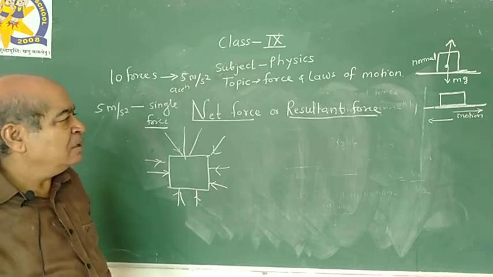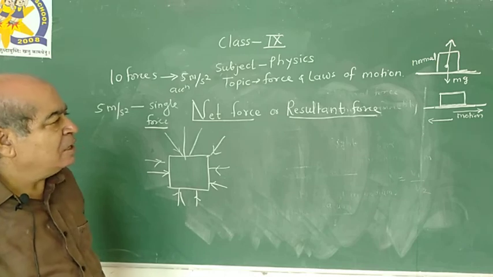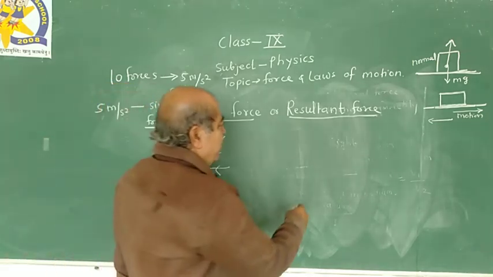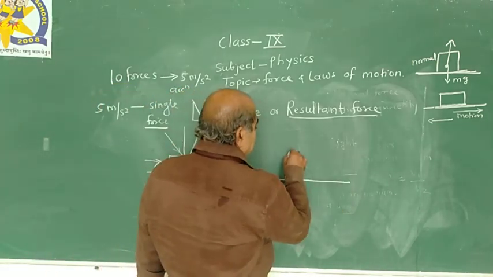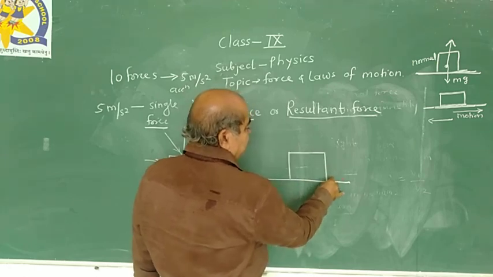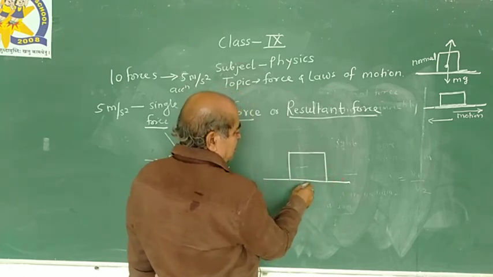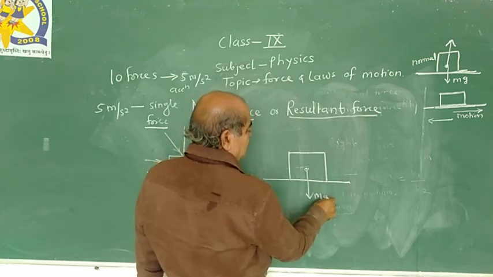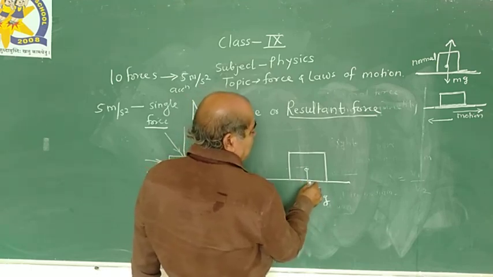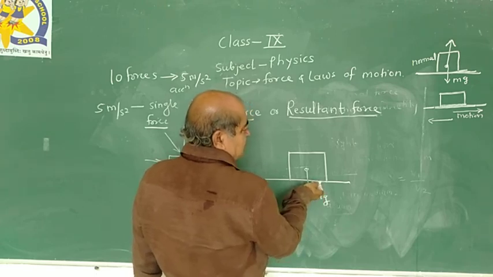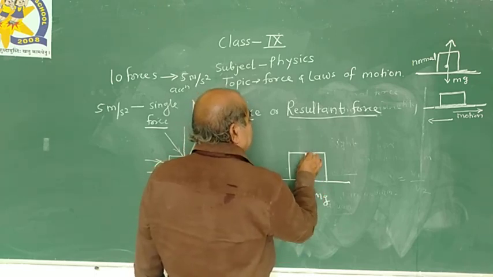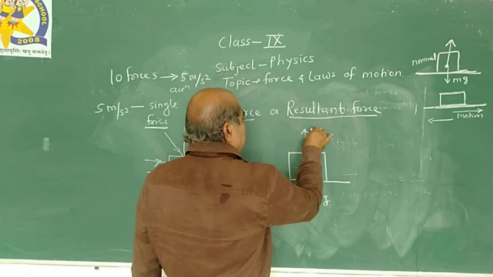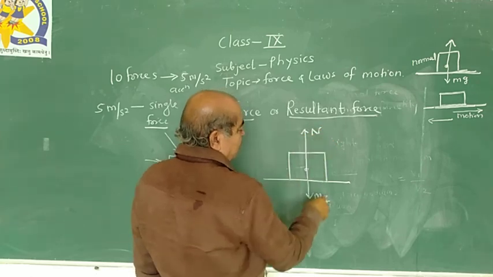Means when the object is kept on the surface of the earth, the weight is acting in downward direction. Then the surface produces a reaction in the opposite direction, called the normal force.